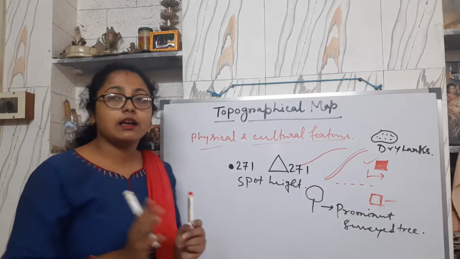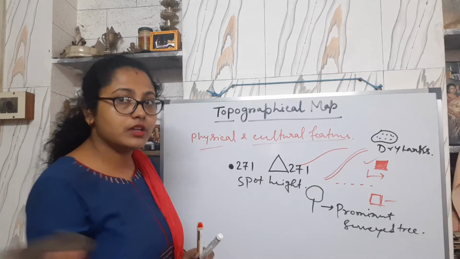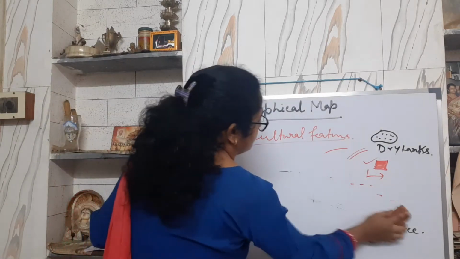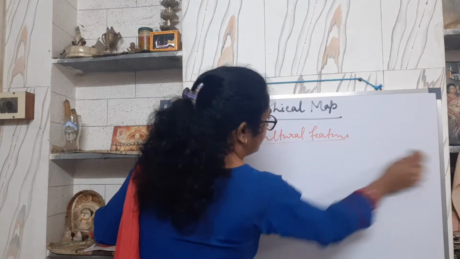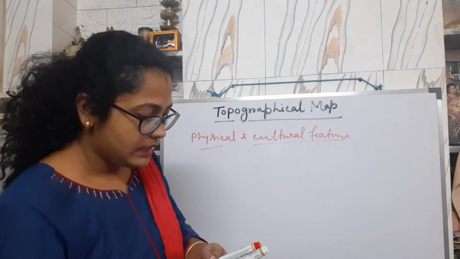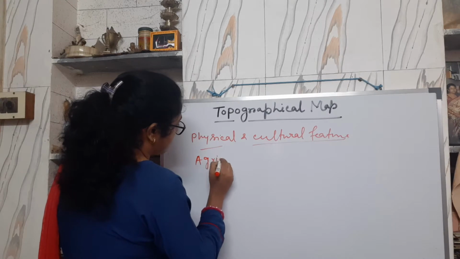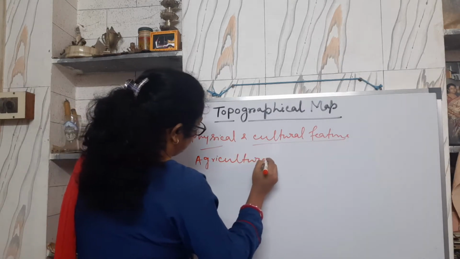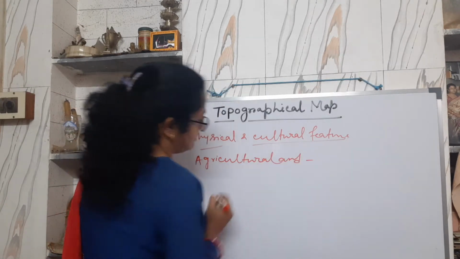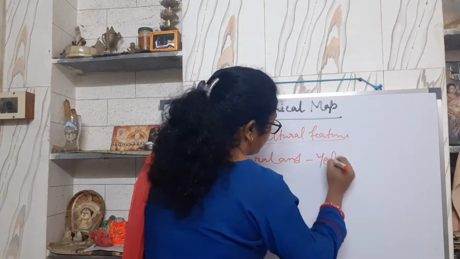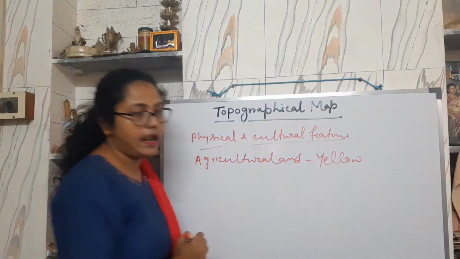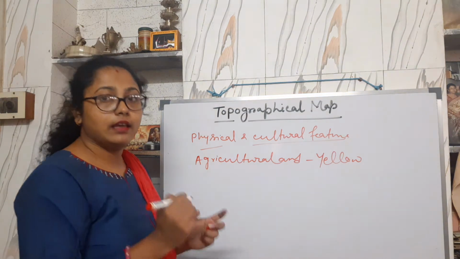Now, conventional colors. Which are the different conventional colors? Like the agricultural land. To show the agricultural land, the topo map uses yellow color.